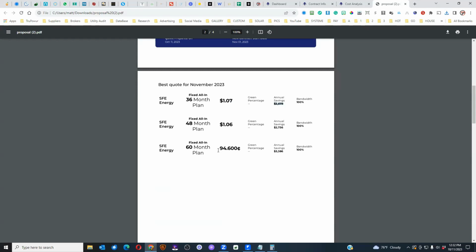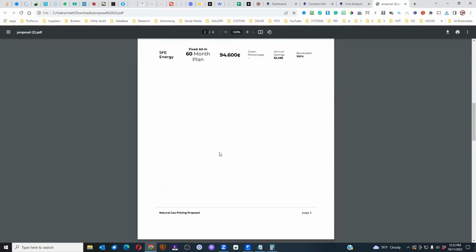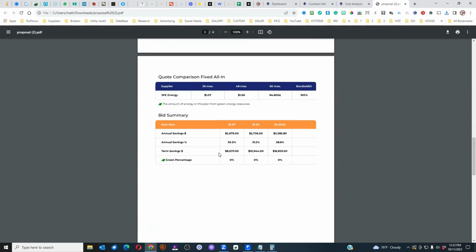So it's going to really push that customer towards the 60-month term contract. And then it's going to break that down based on best savings as to what that looks like for annual savings. That's a 38% reduction, saving them $16,000 over the 5-year period.